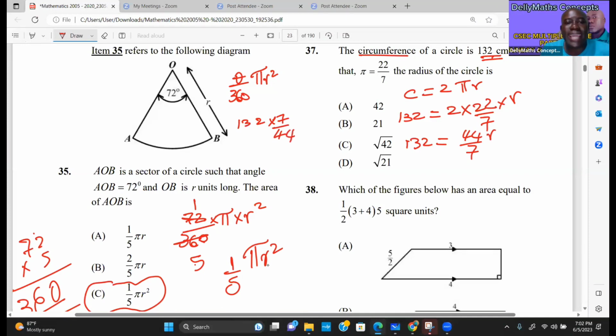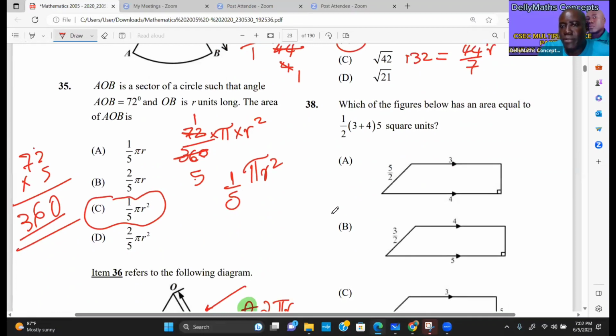And from this, you do your canceling. Do 11 into 44, 4. 11 into 132 is 12, you know. You work what you know. 44 could have worked about 3 times. But 4 into itself, 1. 4 into 12, 3. 3 times 7, 21. You break it down, the answer will be there.